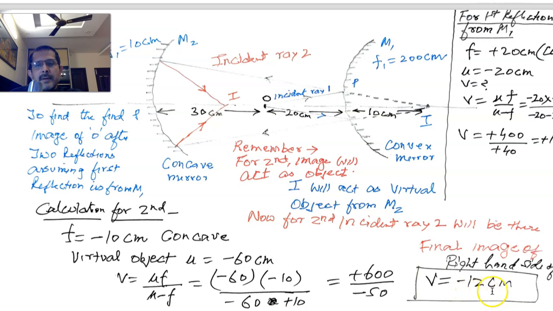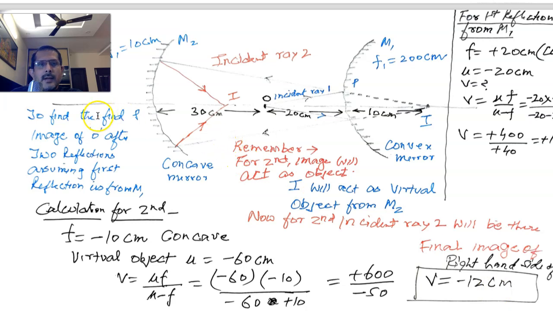Now remember, go by the conventions. Right now we are talking about this mirror only, and positive direction is this way. So negative would be from pole to here, somewhere here. So the final image would be at minus 12 centimeter.